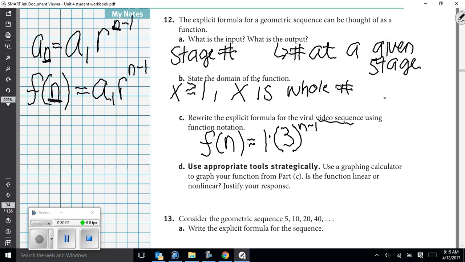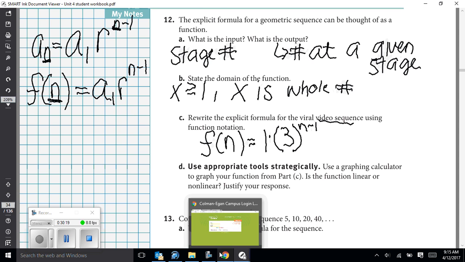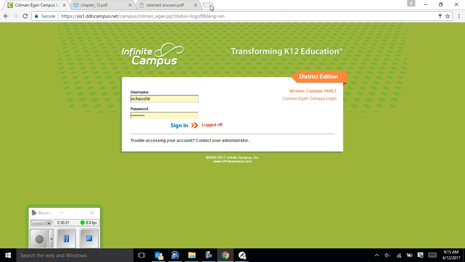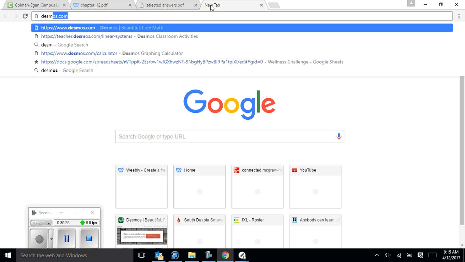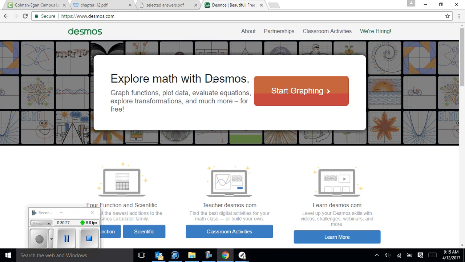It says use a graphing calculator to graph your function. Is this function linear or nonlinear? Justify your response. So bring it up on Desmos. Looking at the equation, what do you think? Do you think it's going to be linear or nonlinear? I heard nonlinear. Any other?